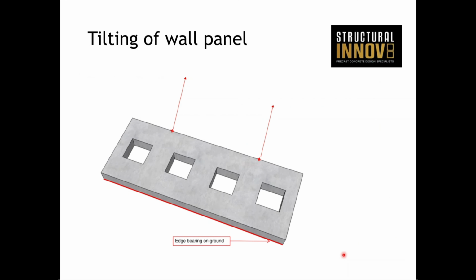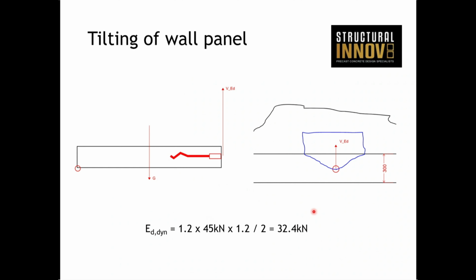When we get to the site, we are taking the unit off the truck, putting it down on the ground, maybe on a bed of sand or something, and tilting it up. When you're doing that, the assumption is always that we've got one edge bearing on the ground. So when we're tilting, we're essentially putting 100% of a shear force through the lifter through that edge.